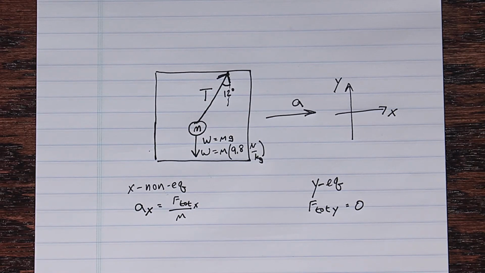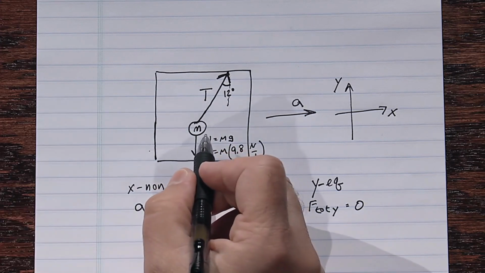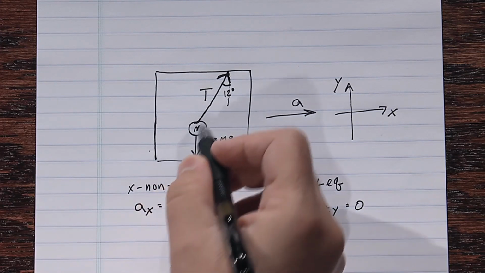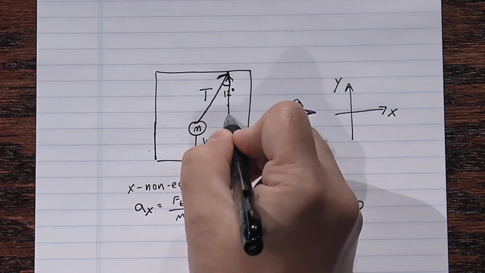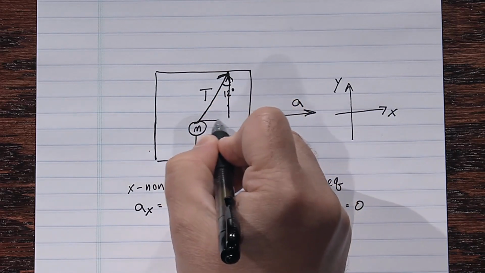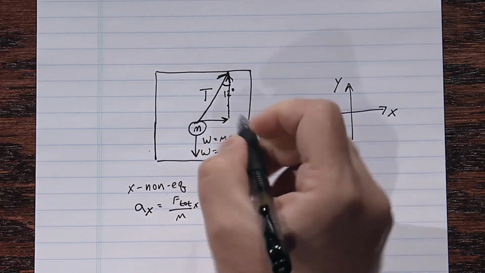And we need to start thinking about x and y components. Well, the weight is completely in the y direction. Tension is in both the x direction and the y direction, so we will have to break tension up into x and y components, or in other words, if the tension is up and to the right, then we can break that up into an up component and an x component.